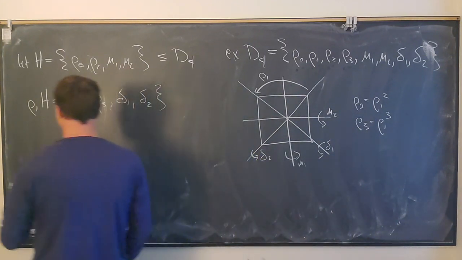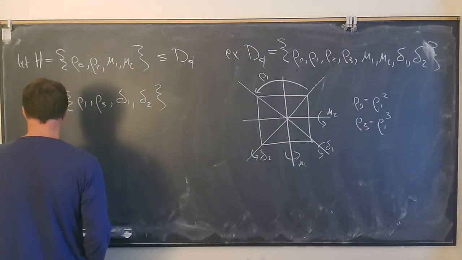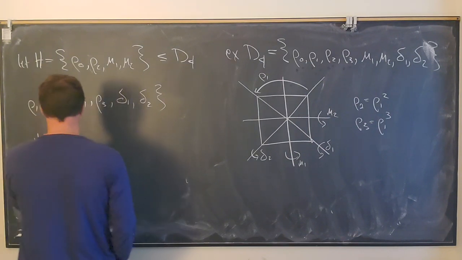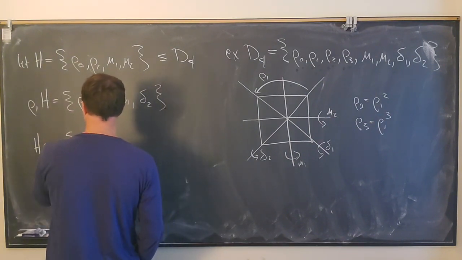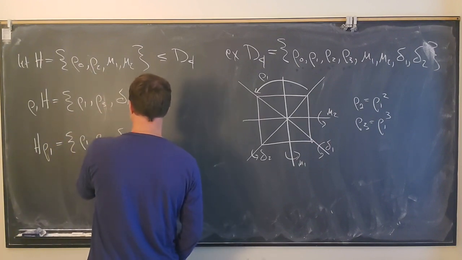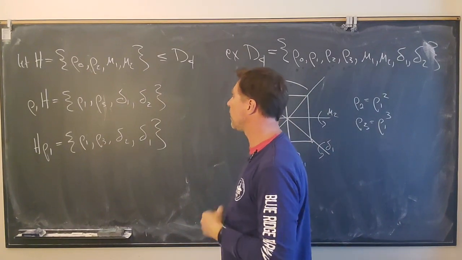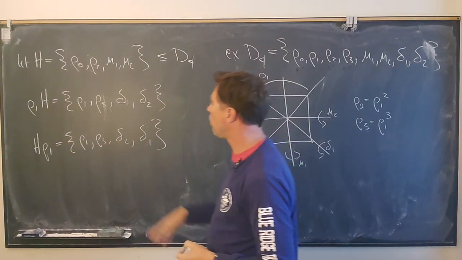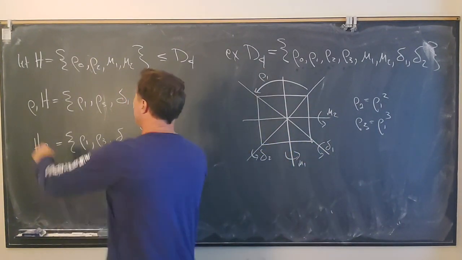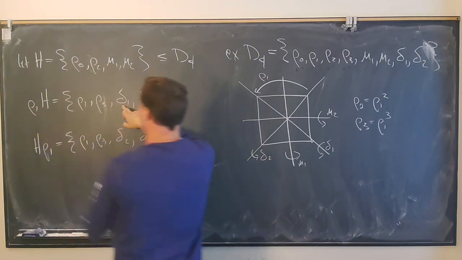And I also want to look at the right coset, so that would be H rho 1. And what we'll get is rho 1, rho 3, delta 2, and then delta 1 in order. All right, so in particular, if you do rho 1 times mu1, you get delta 1.